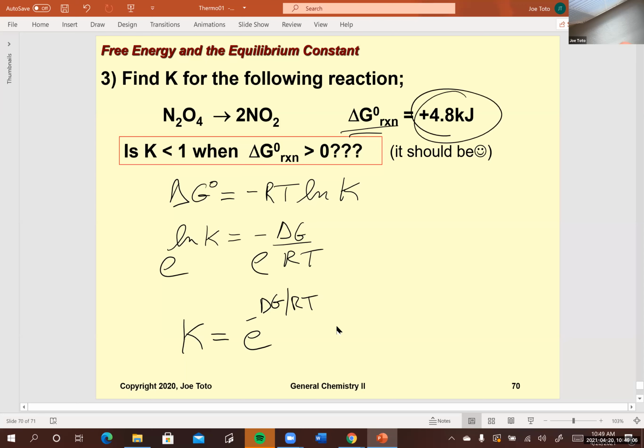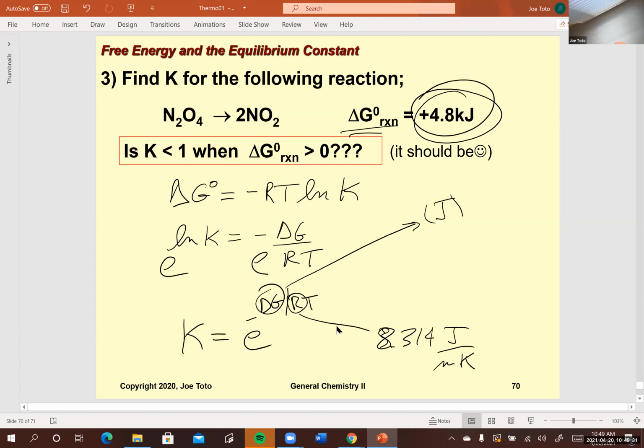I can take this value, plug it in here, but I'm going to have to do a conversion either of the delta G and convert that to joules, or I'm going to have to convert 8.314 joules per mole K from joules to kilojoules. So I have to watch out what I'm doing here and not mix up the units.